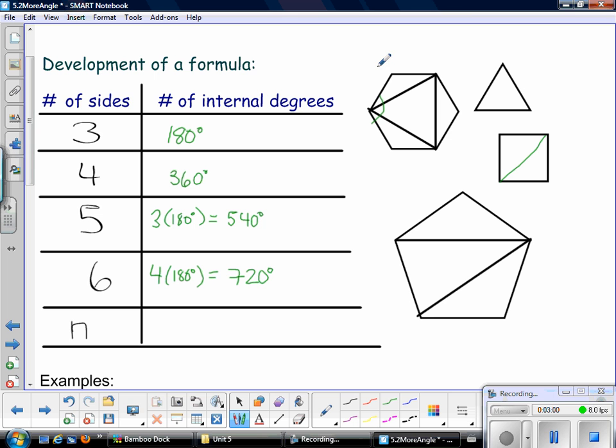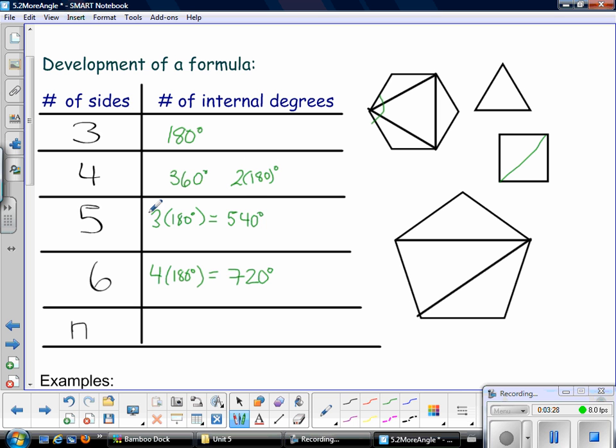Well, let's take a closer look. I want to find some kind of relationship between the number of sides and its internal angles. We could see here that when it was four sides, we went 2 times 180, right?